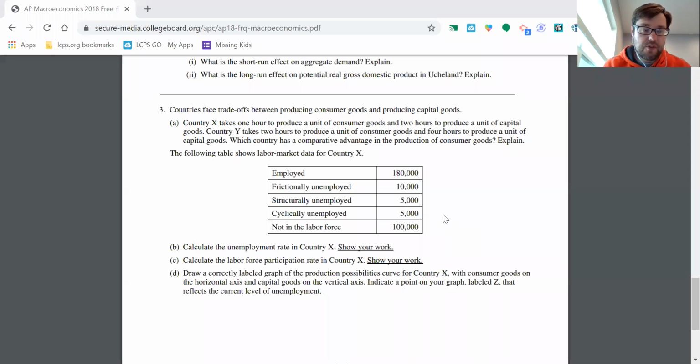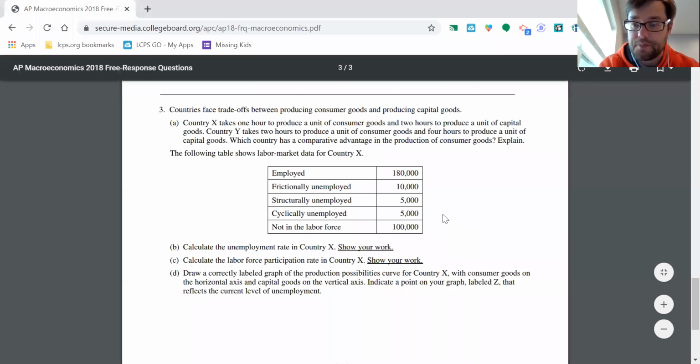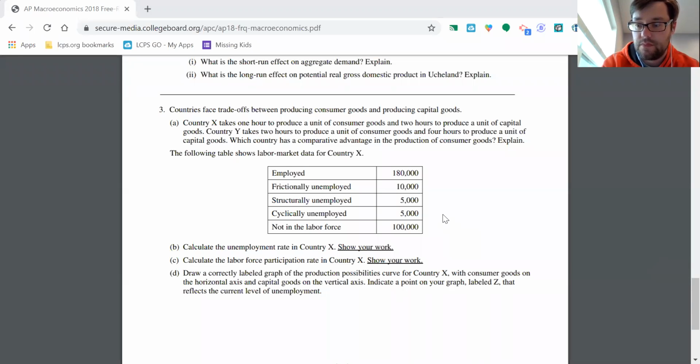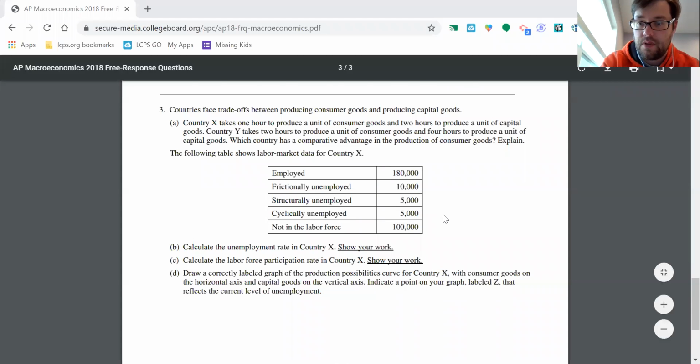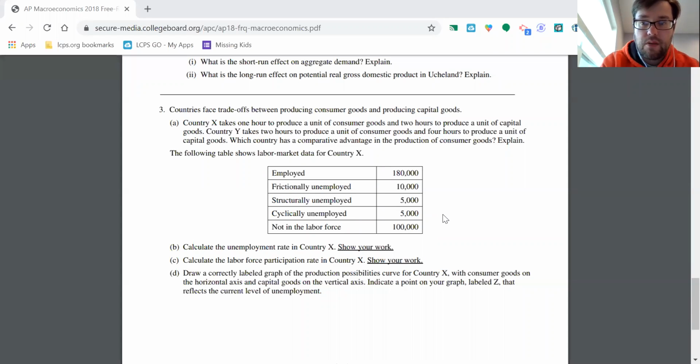So I think it's a decent question. It's from the very early material, some of it from Unit 1 and 2 of macroeconomics. So let me get my pen. There it is.